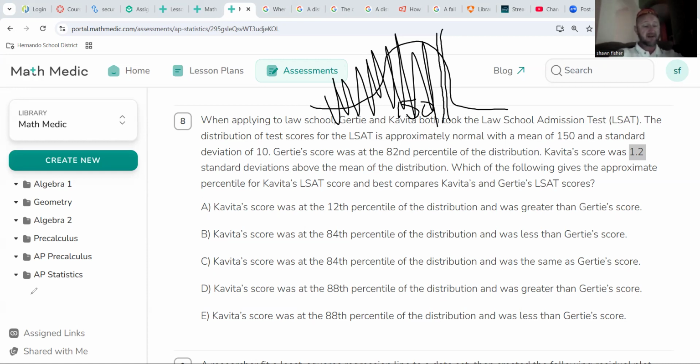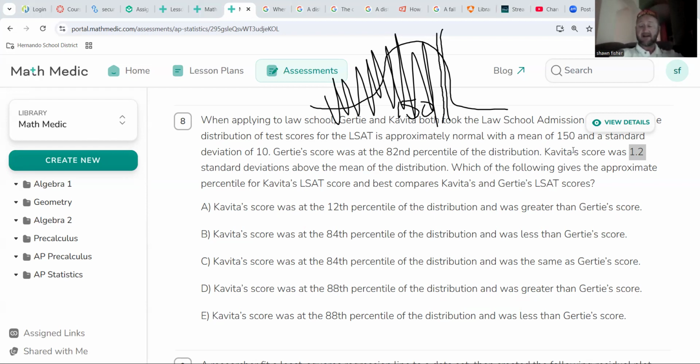We say negative 999, comma, now up to what? 1.2. That's what I forgot. With a mean of 0, with a standard deviation of 1. And it looks like to me I got 0.88, which means I'm in the 88th percentile. Not 12, not 84, 88th percentile.